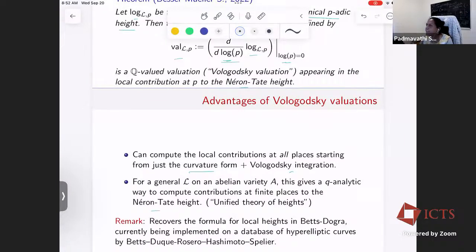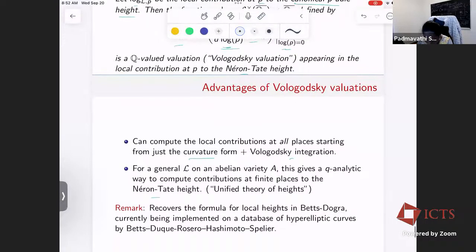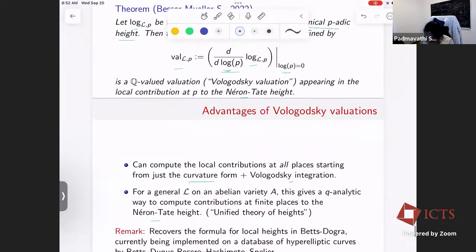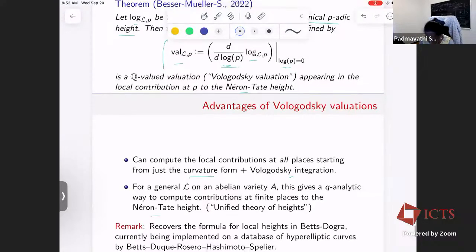So it's maybe not immediately obvious how to get your hands on this data directly from, say, differential data on the curve, but this approach using what we call Vologodsky valuations tells you how to tease out values of local heights just from computing these Vologodsky integrals.